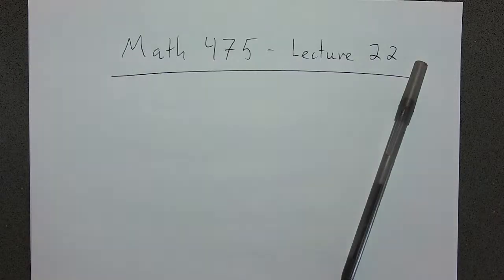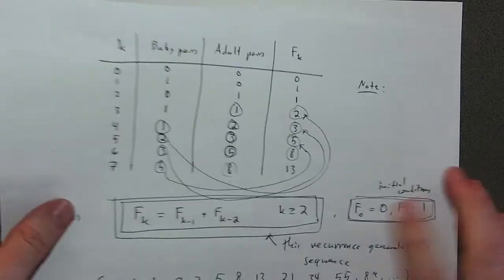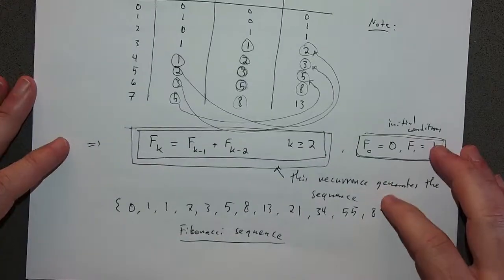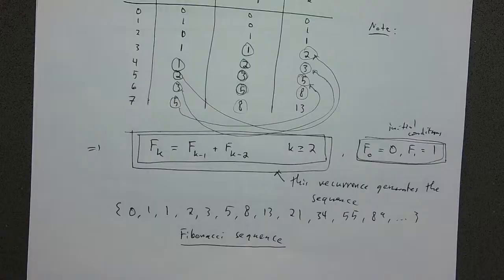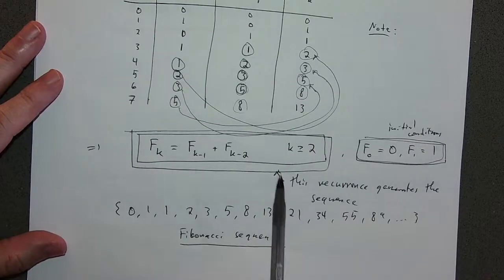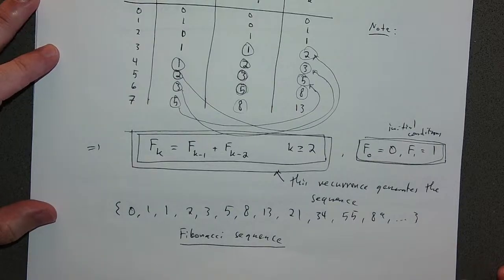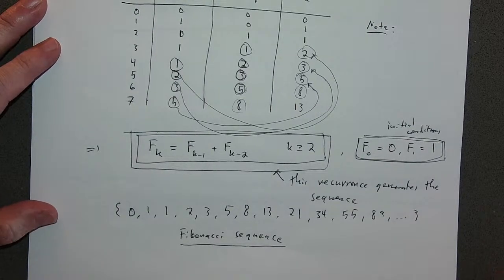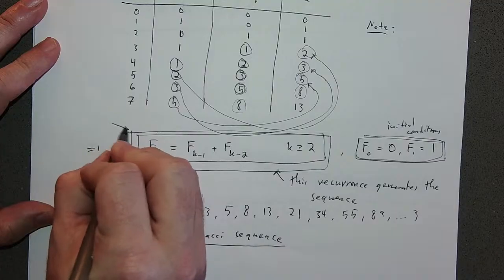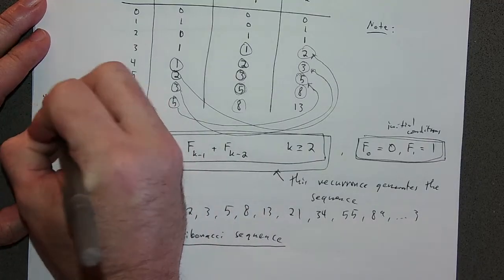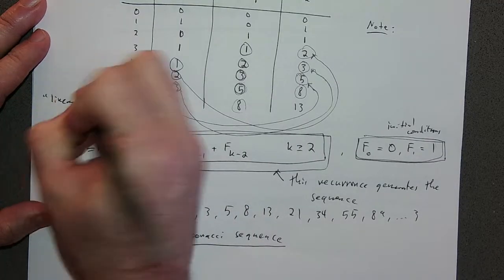Yesterday, last lecture, we ended with a discussion of the Fibonacci numbers, defined by this recurrence relation here. This is one of the best and most commonly used examples of a linear recurrence relation.